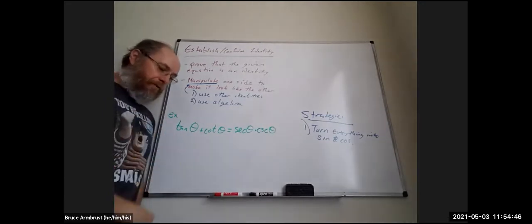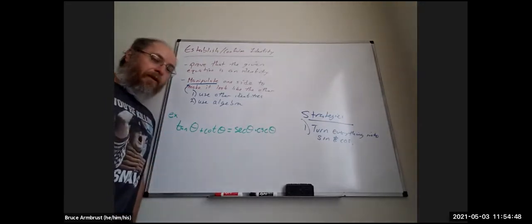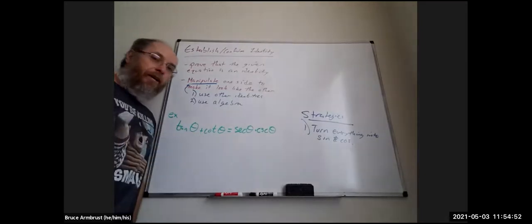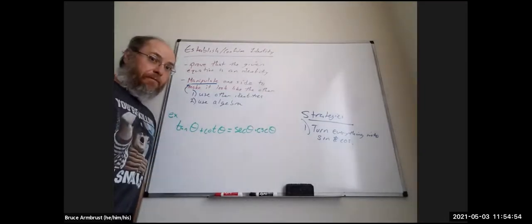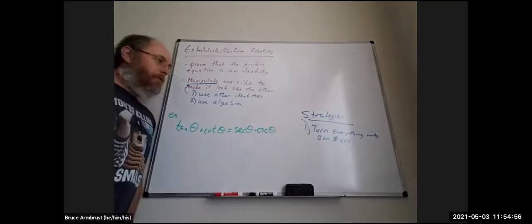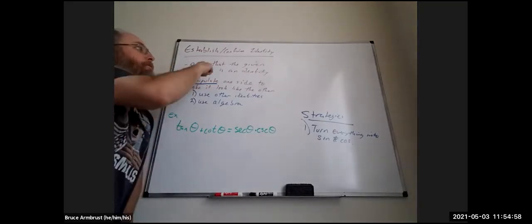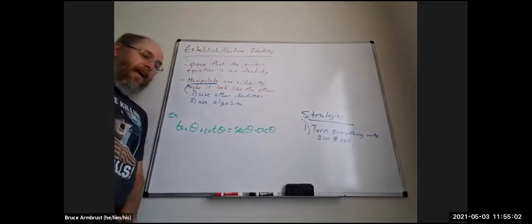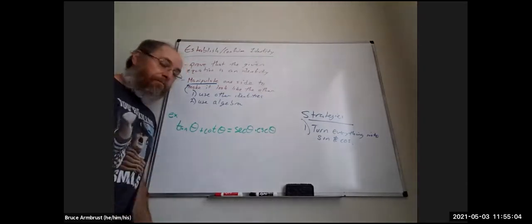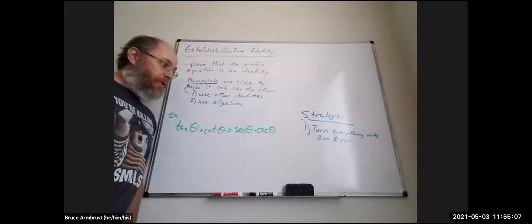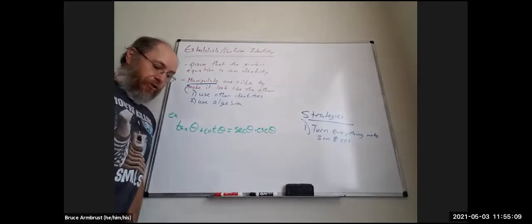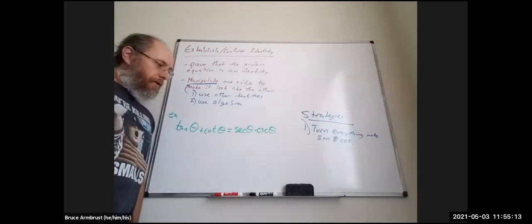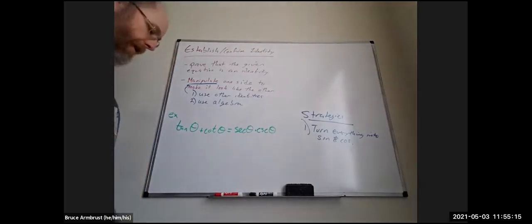This is absolutely true. You take your favorite angle, put it in here, you're going to get a true statement. All right, but we want to prove it. So what we're going to do is take one side only, and do stuff to it, either algebra or trig, to make it look like the other side.